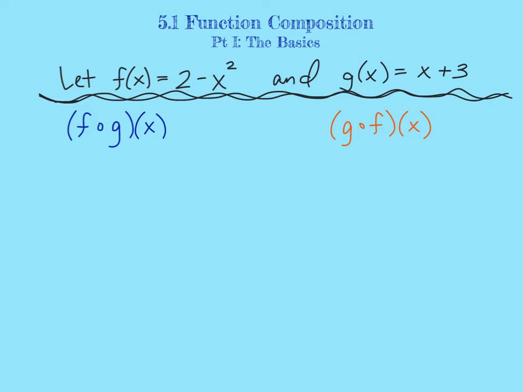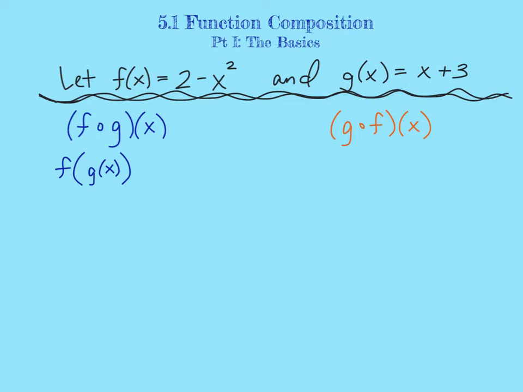To find f of g of x, we are really doing this. If it helps you to rewrite it this way, feel free to. After a while, you can sort of get used to it without doing this extra step, but I like just the visual aspect of it. All right, so we want to plug in the g of x function, x plus 3, into the f of x function.